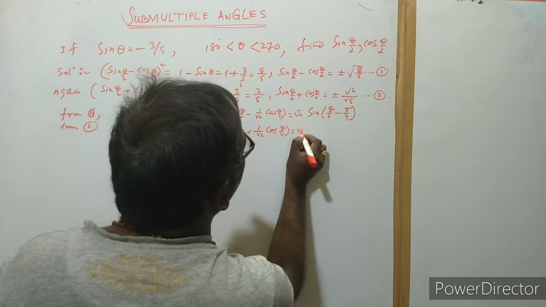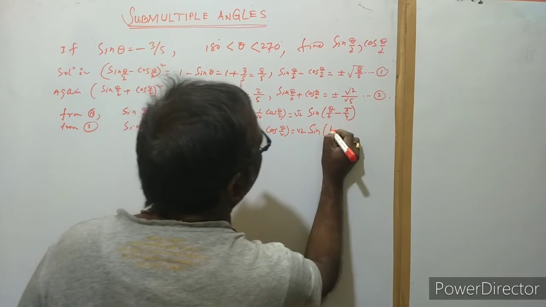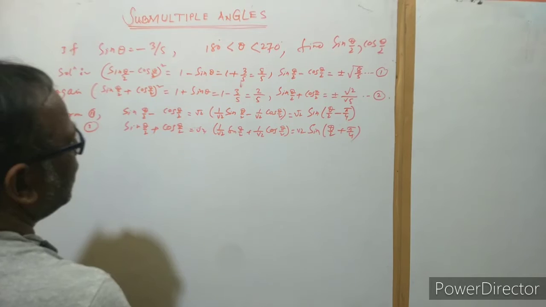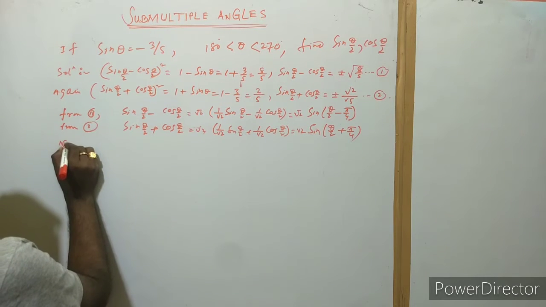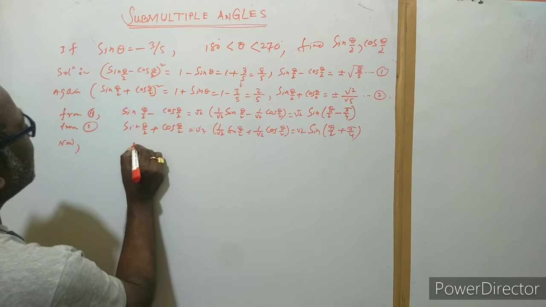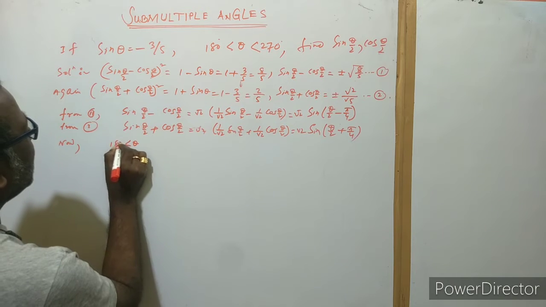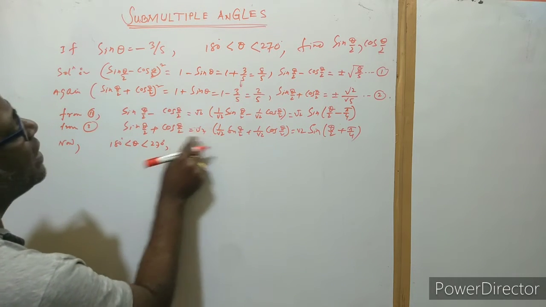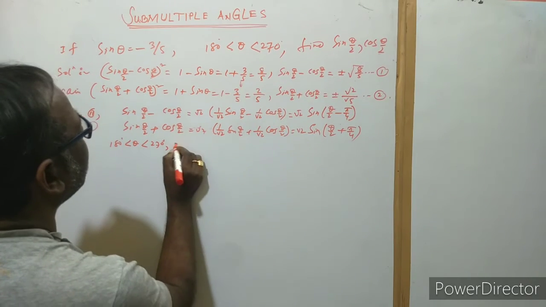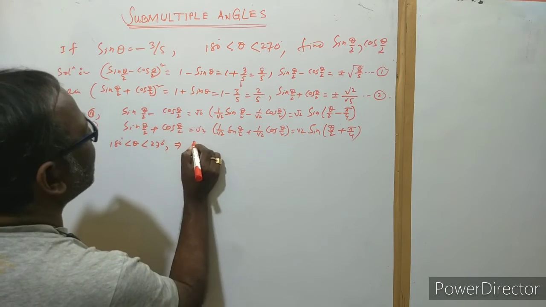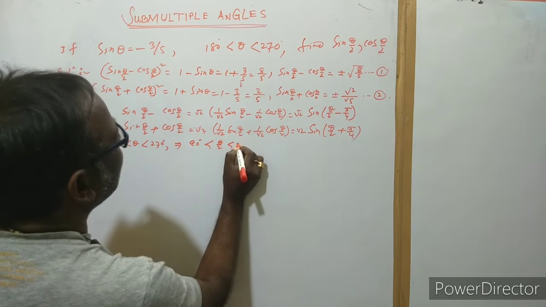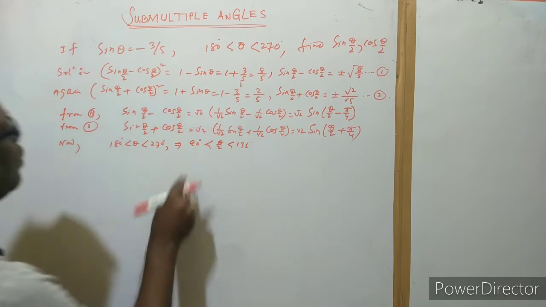So we can write root 2 sine of theta by 2 plus pi by 4. Now theta is 180 to 270 degrees, and divided by 2, this is 90 degrees, and theta by 2 up to 135.